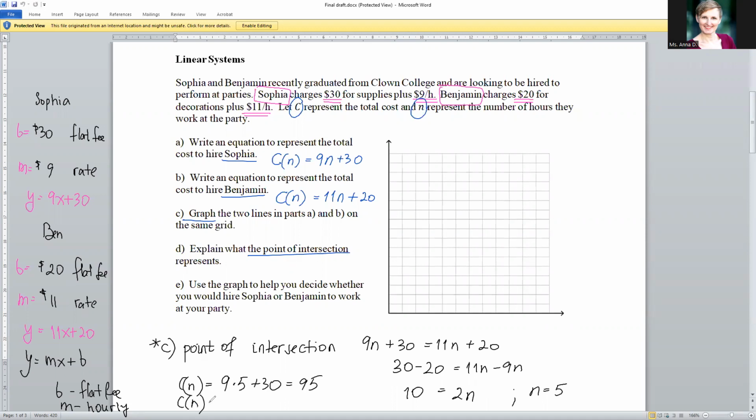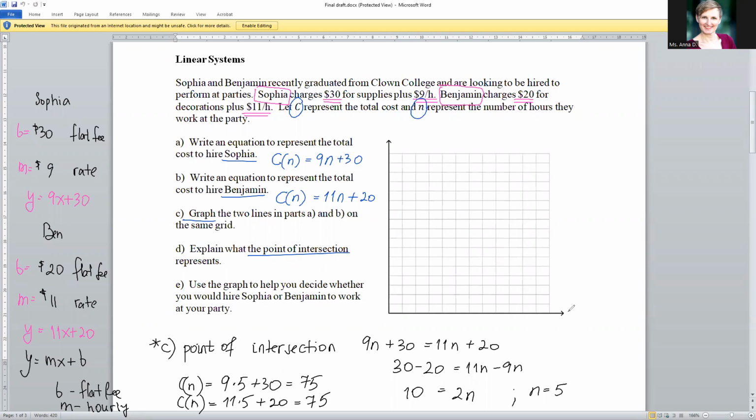For Benjamin, 11 times 5 plus 20. Sorry, 55 plus 20 is 75. Same, which is expected. And now let's try and graph them.